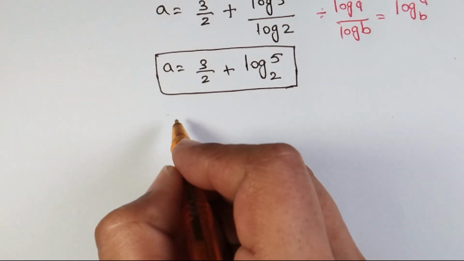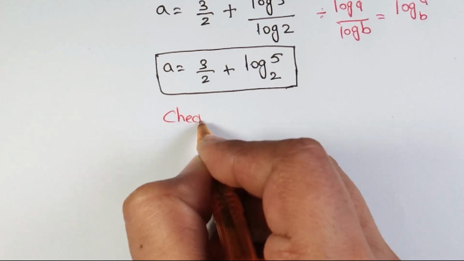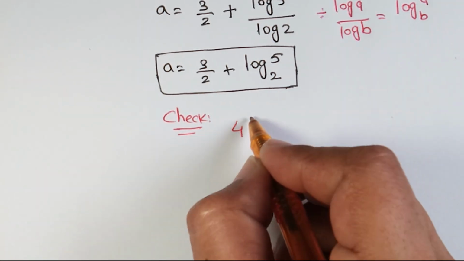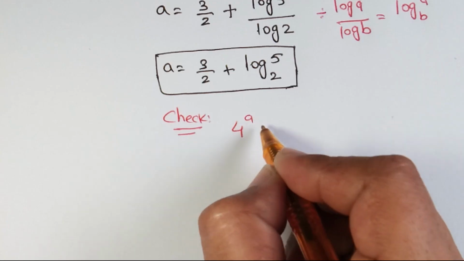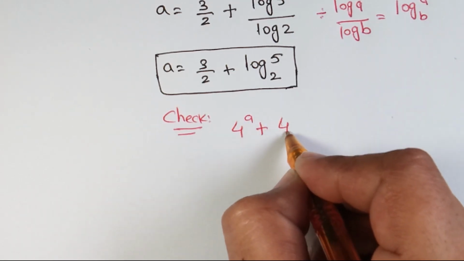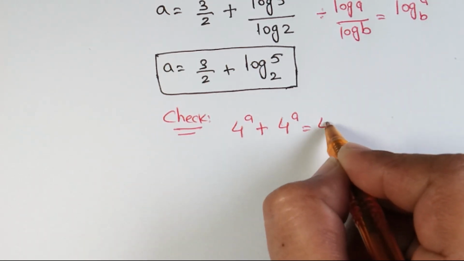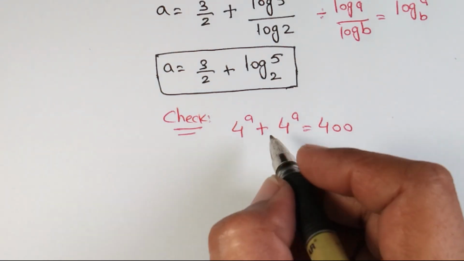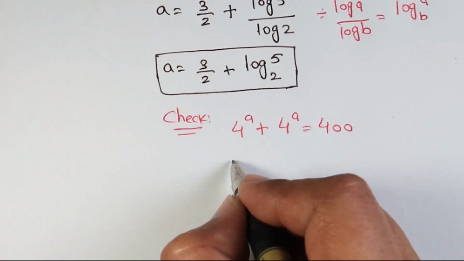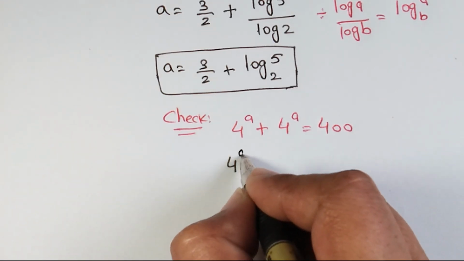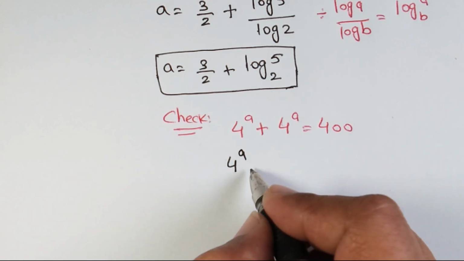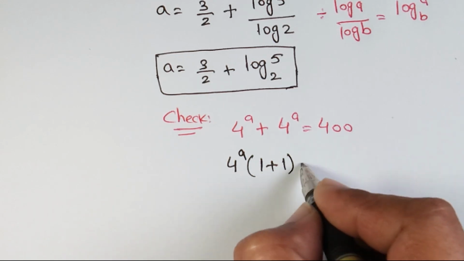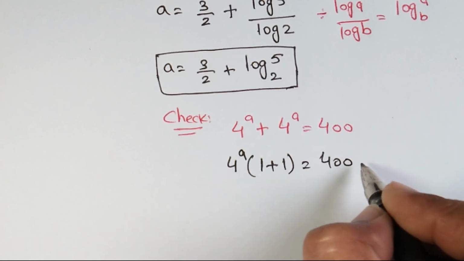So for this we will use the original expression, which is 4 power of a plus 4 power of a is equal to 400. So we will solve it. 4 power of a will be common, and the other 1 plus 1 is equal to 400.